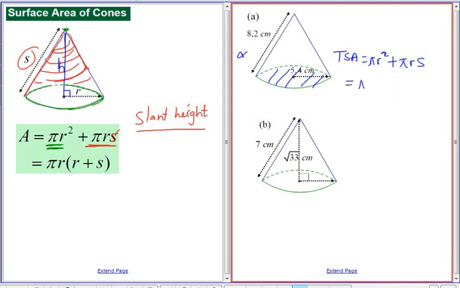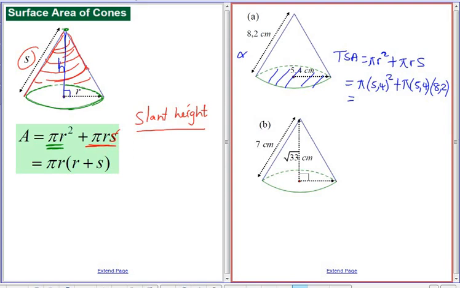Well, pi, our radius is 5.4. Just check if our units are correct. And it does look like everything is here. Our radius is still 5.4. We have everything. Everything was given to us. And then we have 8.2 over here. So we were easily going to calculate this one like this, if we were asked to calculate the area of a cone.